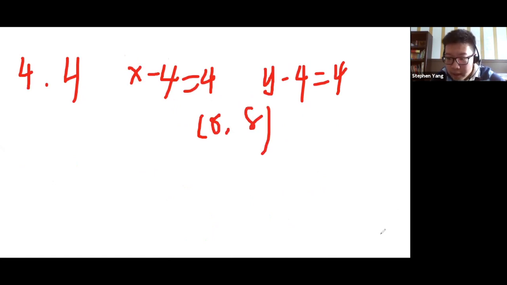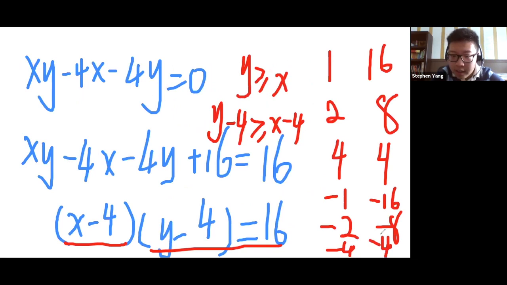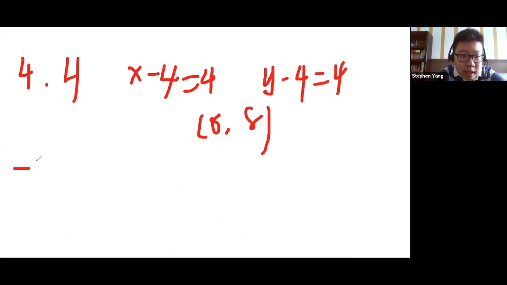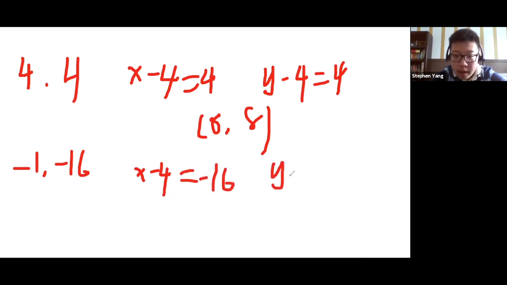Okay, so the next pair is -1 and -16. This time, x minus 4 would be -16 and y minus 4 will be -1, which means (x, y) would be -12 and 3.